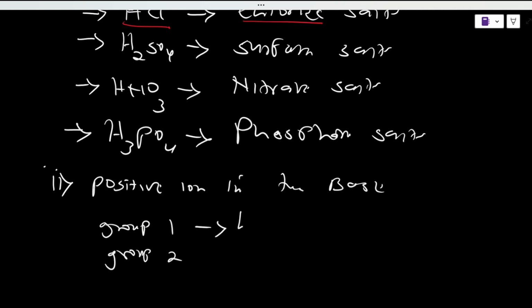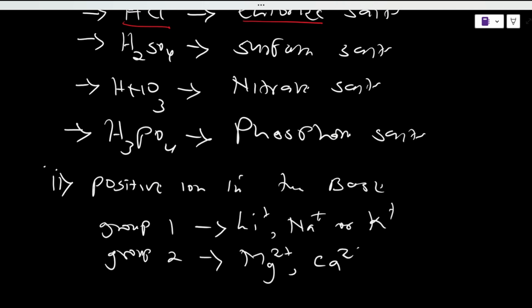Group 1 we have lithium or sodium or potassium. In group 2 we have magnesium or calcium. So the type of positive ion also determines the identity of the salt that will be formed.